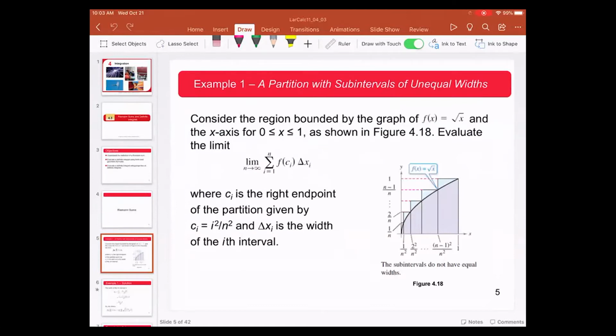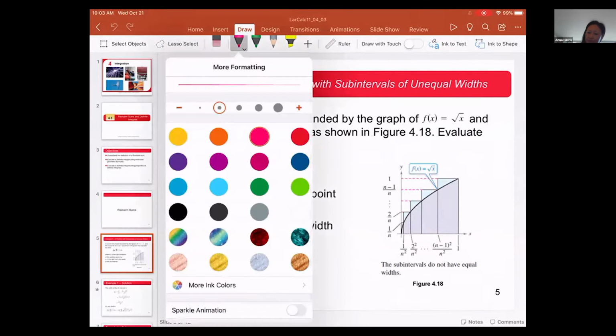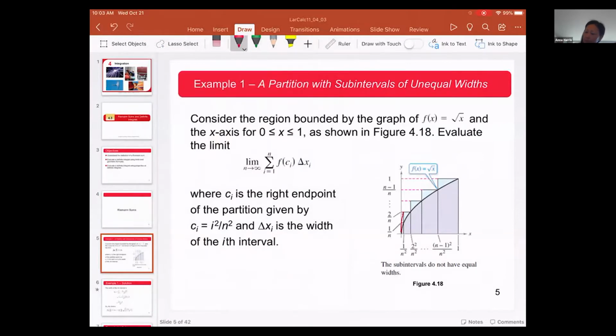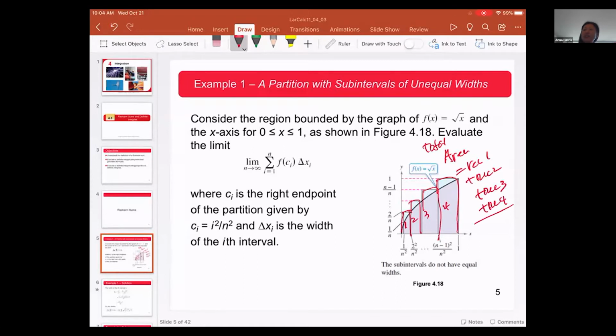As you can see, they were finding the area of each rectangle, okay? And you will combine them. So rectangle 1, rectangle 2, 3, and 4, you add them together. So total area would be rectangle 1 plus rectangle 2 plus rectangle 3 plus rectangle 4. That gives you the area of the entire thing.